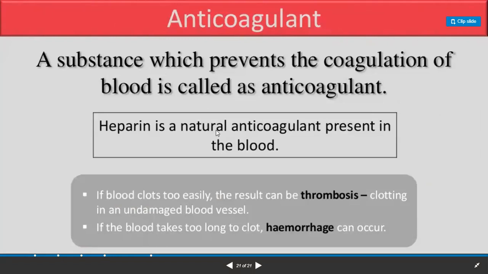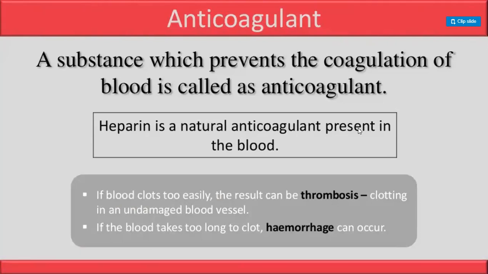Now we have a natural anticoagulant in our body, which is called heparin. So heparin is a natural anticoagulant against coagulation of blood. If we don't have heparin, our blood might just on its own, because we have thrombocytes, begin to coagulate.